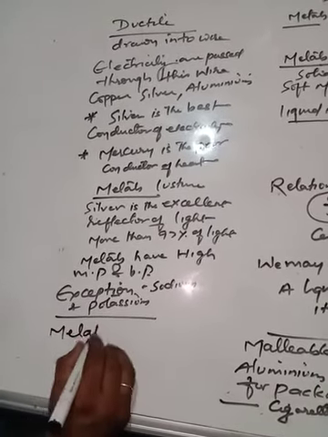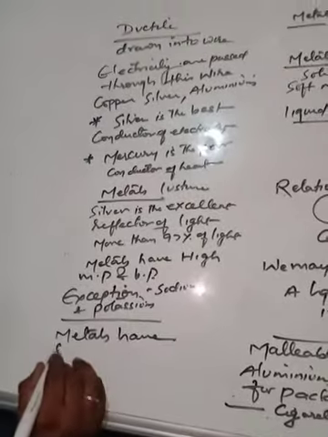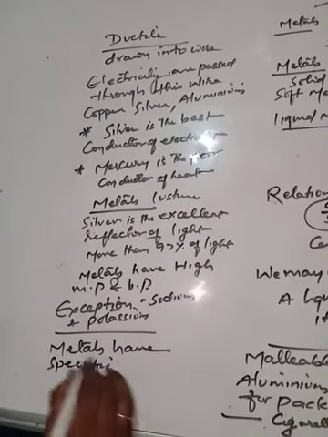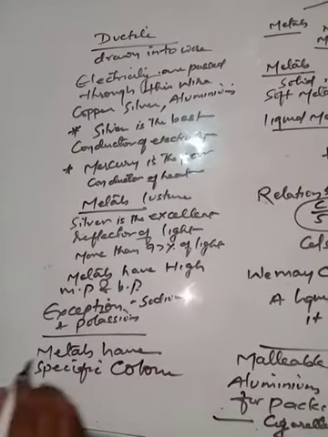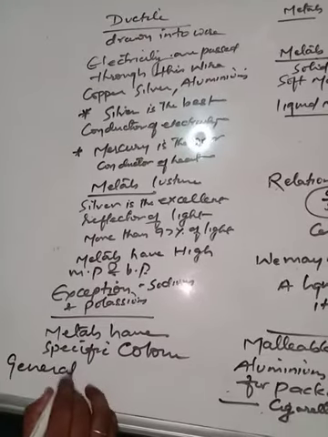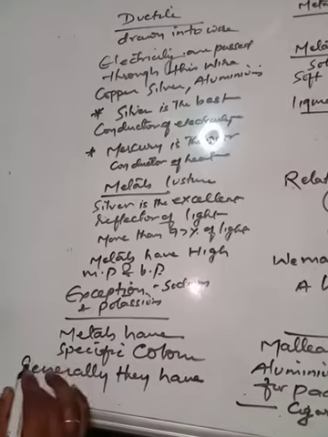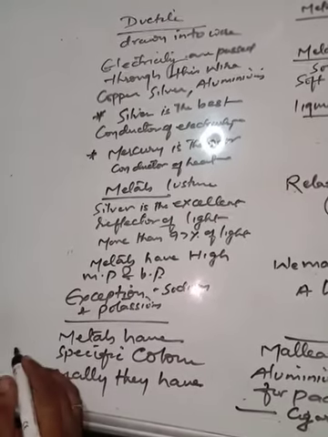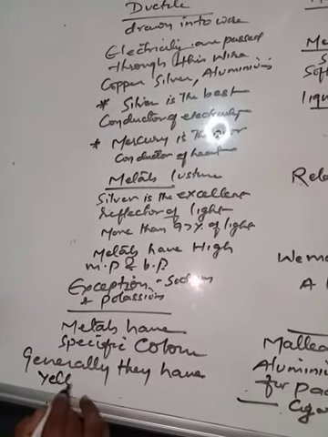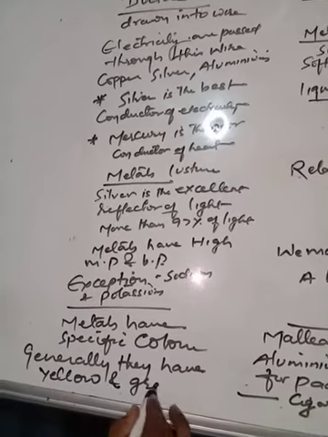Metals have specific color. Generally they have gray color, yellow and gray color.